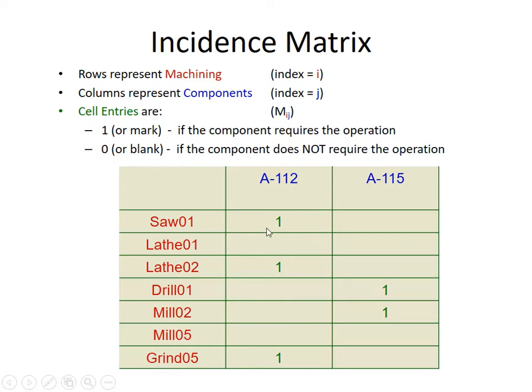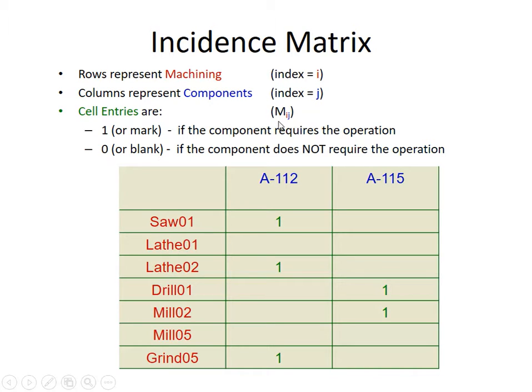If you are giving 1, this particular component A12 requires sawing, lathe 2 operation, and even the grinding operation. That is why it is marked as 1. In the same way, if it is not marked, or if it is 0, then there is no requirement of using that particular machine for that particular component.